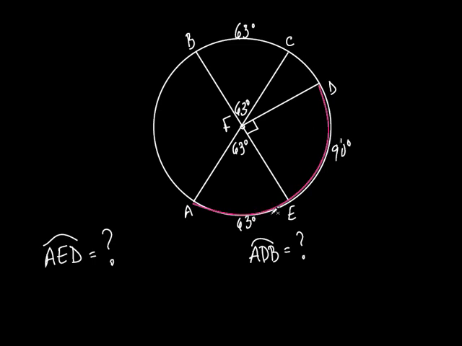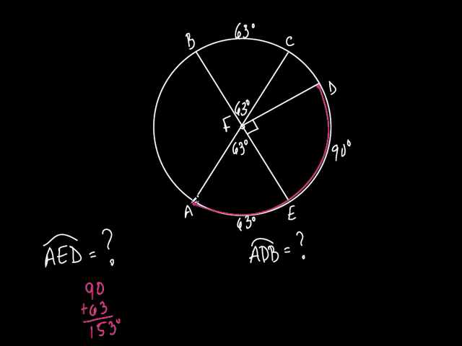Well, this is 63 degrees. This is 90 degrees. They're adjacent arcs, just like we talked about, so you just add them up. Pretty easy. Here's how we show our work: 90 plus 63 is 153. So the arc from A in this direction all the way to D is just 153 degrees. That's not too bad. Let's take a look at arc ADB.